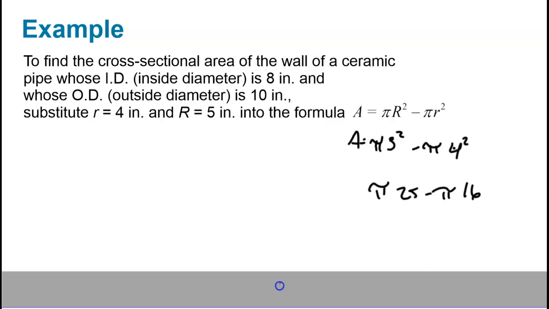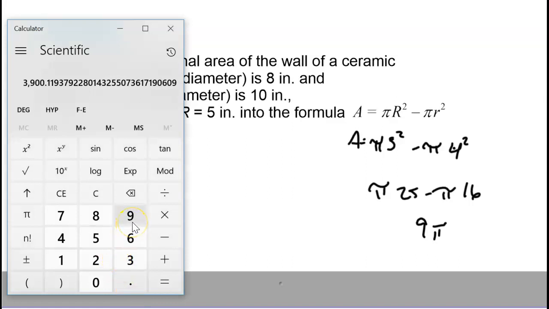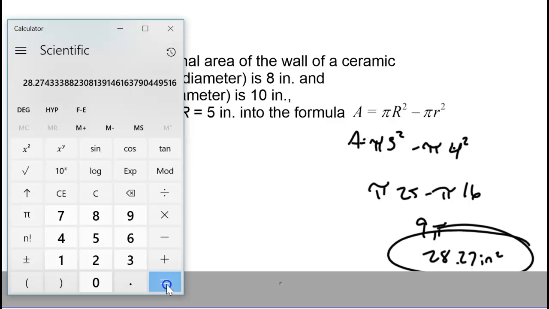We subtract those from each other and we end up with 9 pi, which is of course the most exact answer, but we can also multiply 9 times pi, and we come up with an area of 28.27 inches squared for the missing ring section.